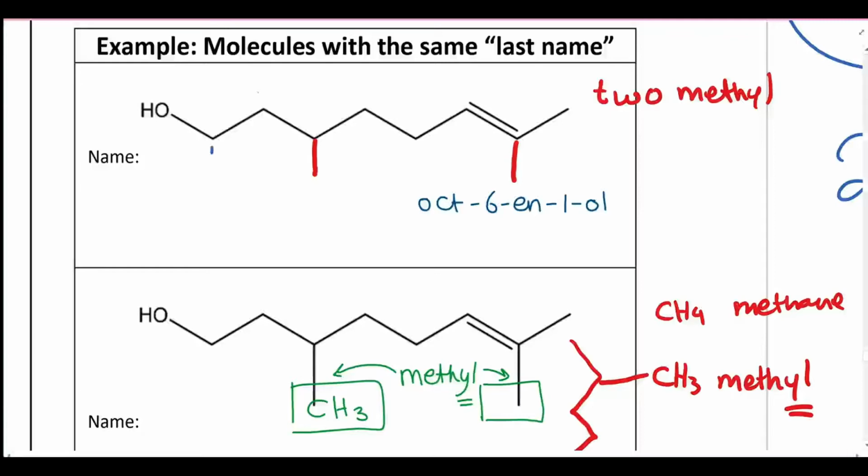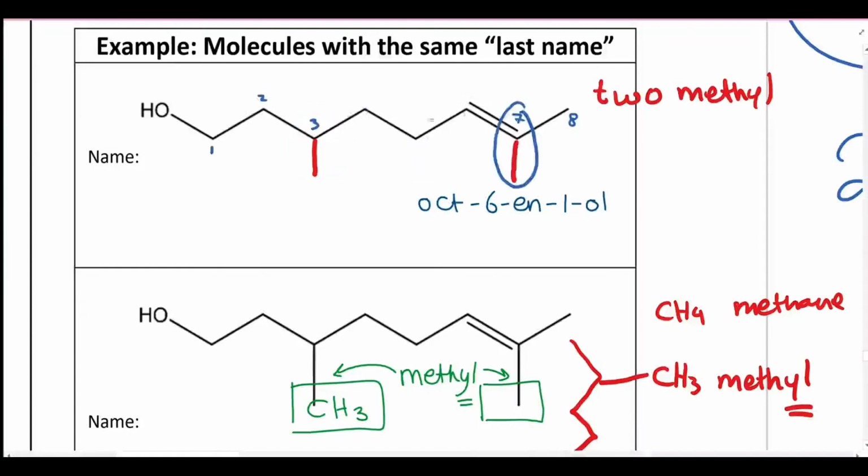So this is 1, 2, 3, 4, 5, 6, 7, 8. What I want you to notice is that this methyl is located in position number 3 and position number 7. So this particular molecule is now going to be called, oops, I just erased the methyl group there.